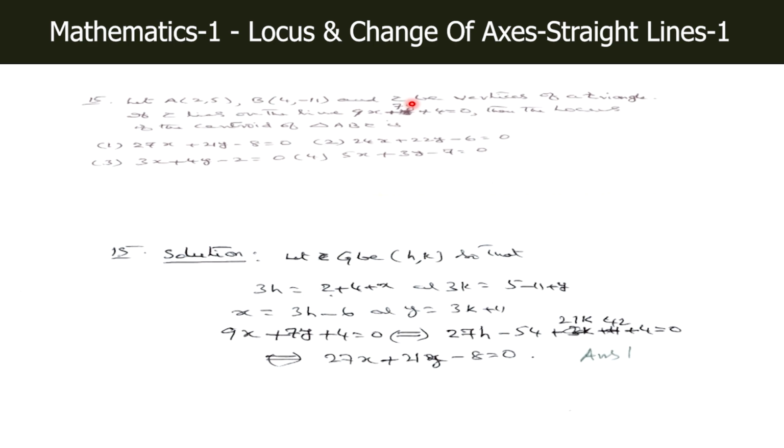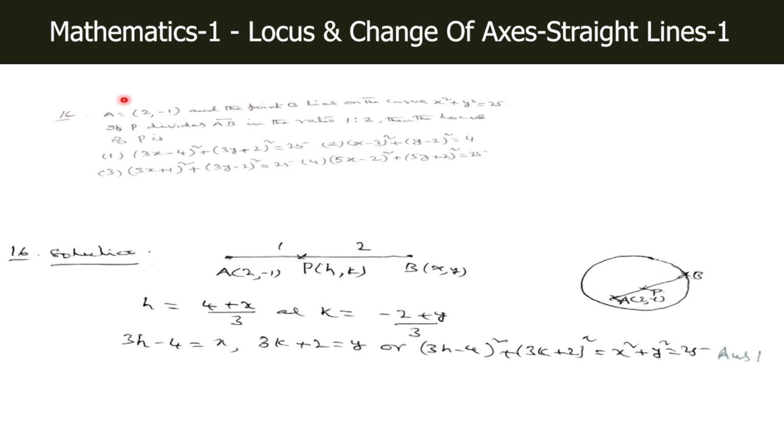Therefore, you will get 27h minus 54 plus 21k plus 42 plus 4 equal to 0, or 27x plus 21y minus 8 is equal to 0, which is nothing but answer 1.